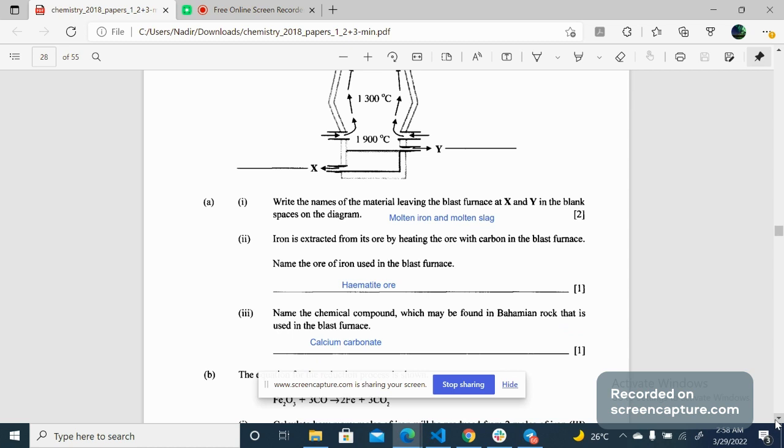This is done by some chemical treatment and processes, which also involve heating the ore. For some ores there may be other processes, but now we are talking about the iron ore here, from which we extract iron. There are different ores from which iron can be extracted, but in this question we have been asked to name one particular iron ore, in the context of the blast furnace.